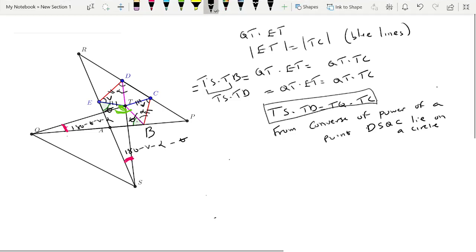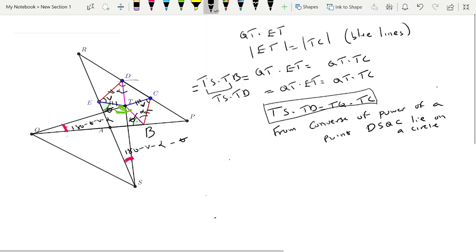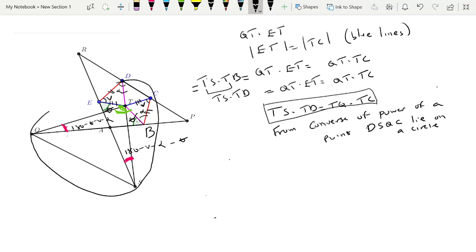So let's just see what this DSQC is all about. I'm just going to do a sketch of it. So this is D. I'm just trying to show you where that DSQC circle is.